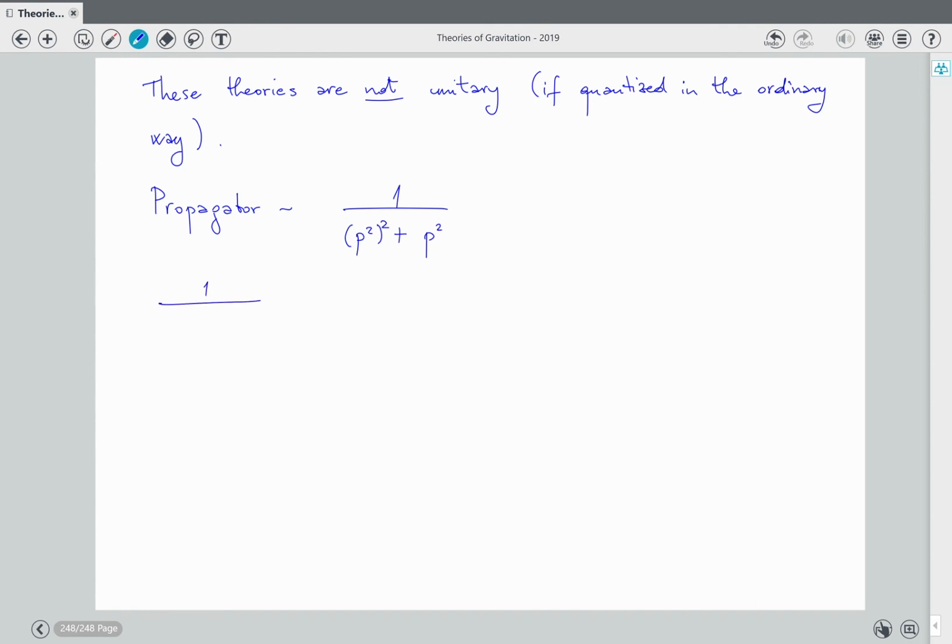So let me write it. This is a propagator with the denominator, which is a polynomial of p squared of degree 4. Let me call the second coefficient minus m squared, and the other one equal to 1. Well, it's a mass, so let's call it like that. This we can decompose into 1 over p squared, 1 over p squared minus m squared.